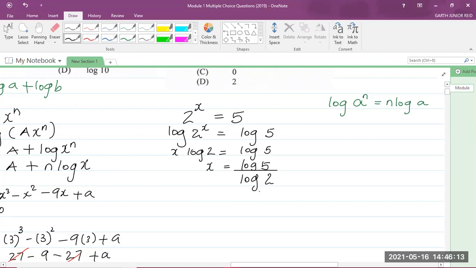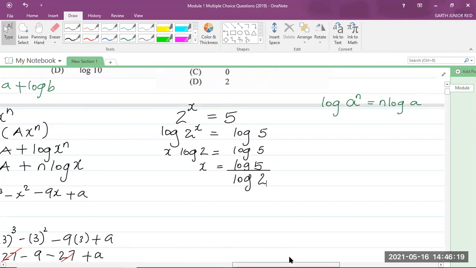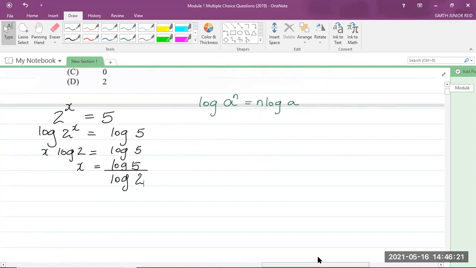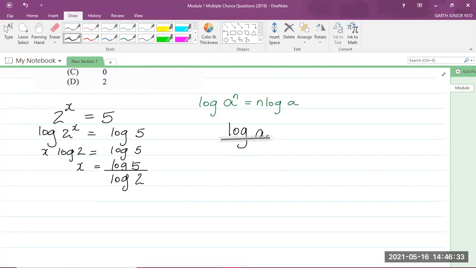Now, there is a common error that students normally make with logarithms. Let me just point that out. So if I have the logarithm of a divided by the logarithm of b, right?